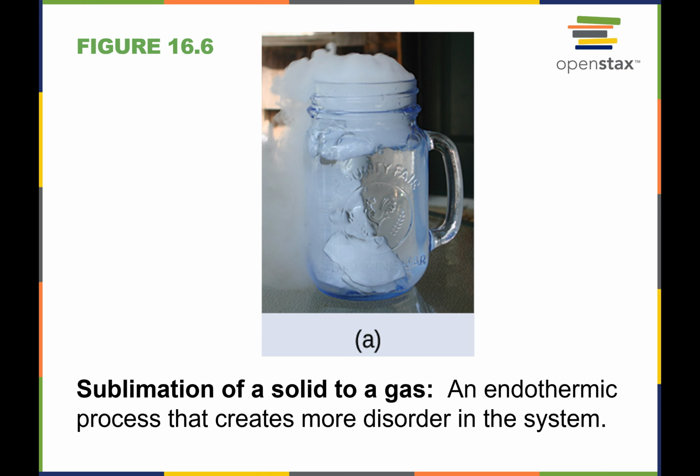So here we have sublimation, which is a solid going to a gas. You guys would tell me, related to the homework that you're doing, if a solid goes to a gas, that's what? Increasing entropy, right?